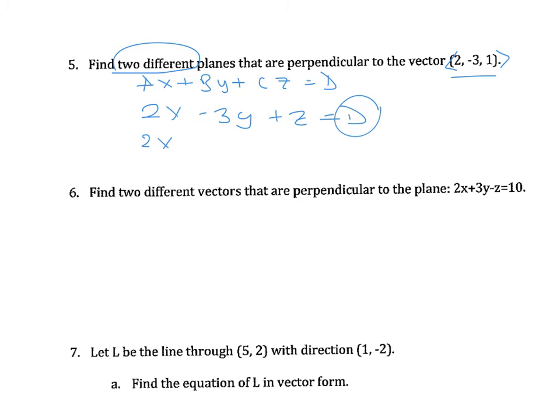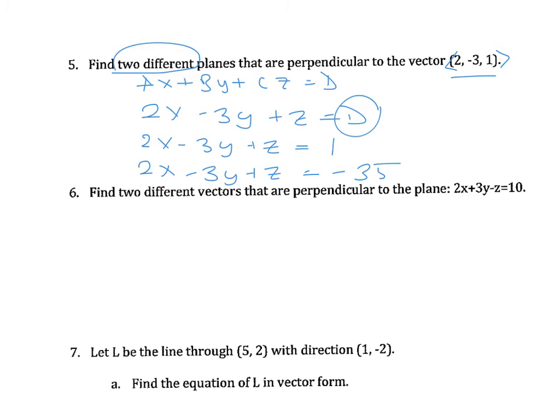So I could say 2x minus 3y plus z equals 1. Or 2x minus 3y plus z equals negative 35. Okay. So those are two planes parallel to each other.